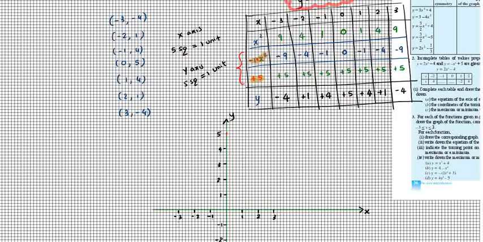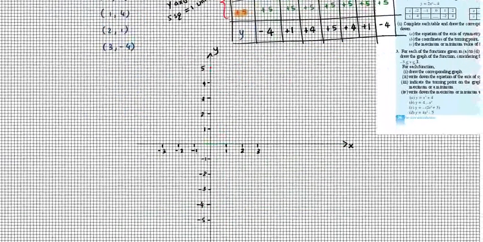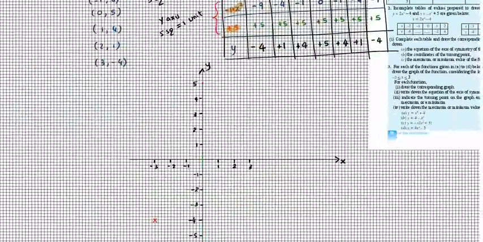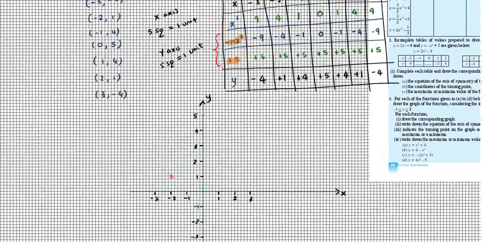The first coordinate we have, the coordinates are up and down over here: -3 comma -4. So mark the coordinates, -3 comma -4. The next coordinate is -2 comma 1. The next coordinate is -1 comma 4.